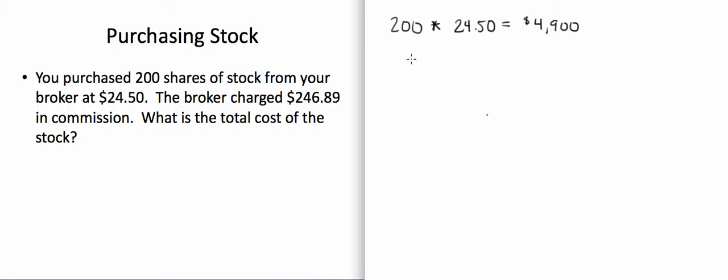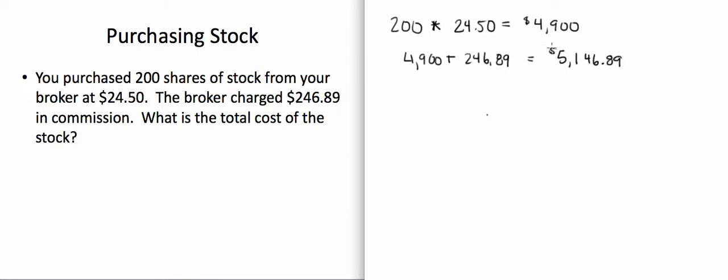And then to figure out the total cost, we're going to take that 4,900 and add in $246.89, and that gives us a total of $5,146.89.